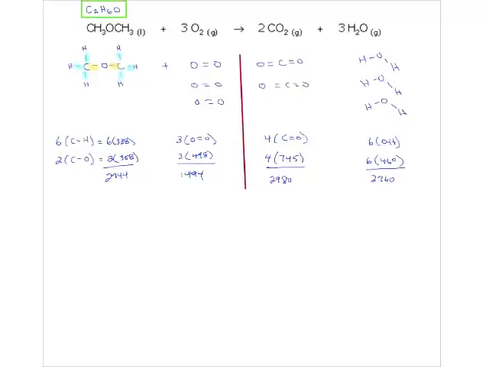Okay, let me just fix that. 6 OH bonds right there. Okay, there we go. Now we've got our reactants and our products, and again we do the same thing. Again, we're breaking bonds here, which is positive. We're forming bonds here, so that's what the negative sign refers to, and that's why it's in a different orientation.